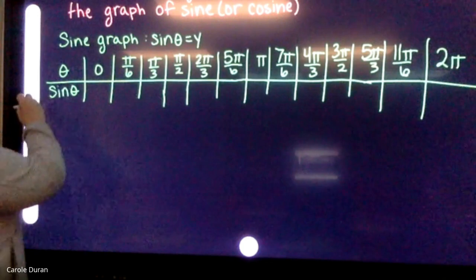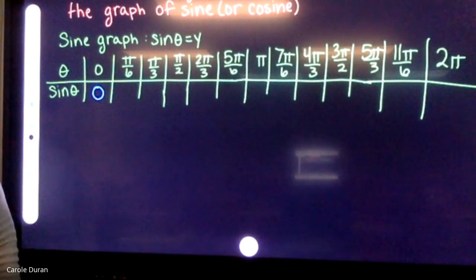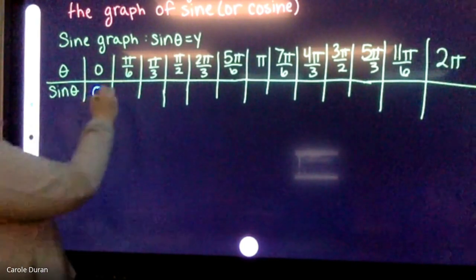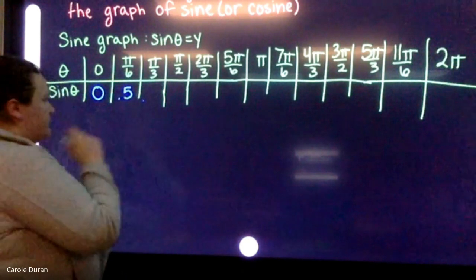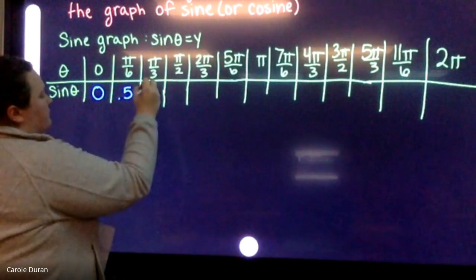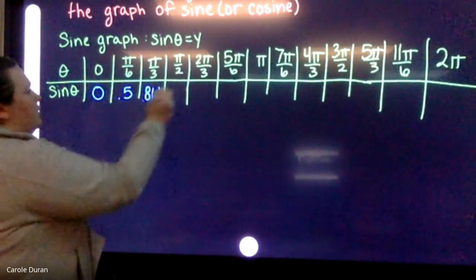0, super easy. What about sine of pi over 6? There's literally a sine button. Got it, 0.5. Then pi over 3. You get 0.866. And then pi over 2, 1.